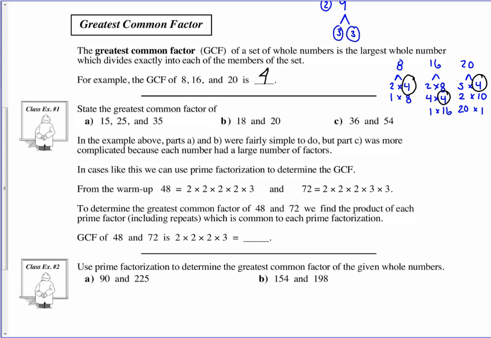So why don't you try C on example 1? I'd like you to make a multiplication table for 36 and 54. Start with that and see if you can find the greatest common factor. Grab your calculators if you have to, right? Start dividing.